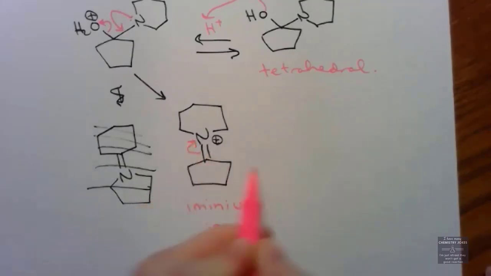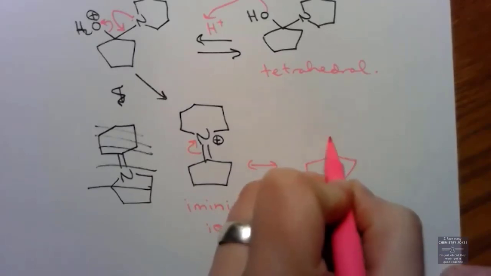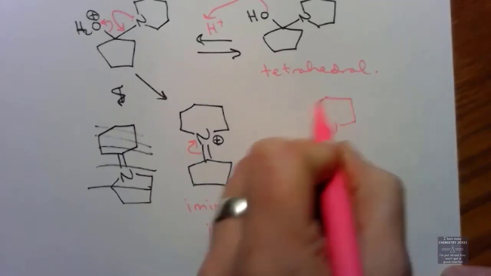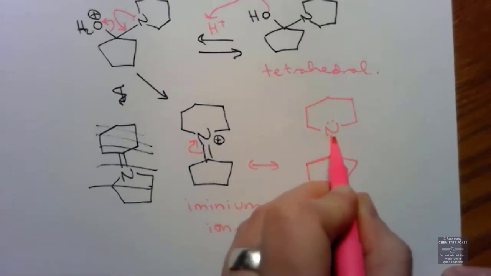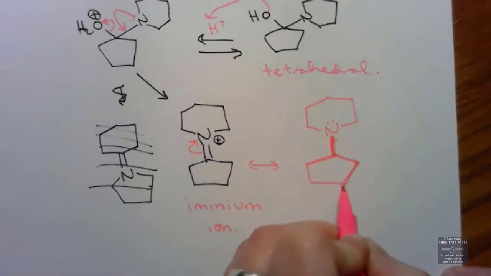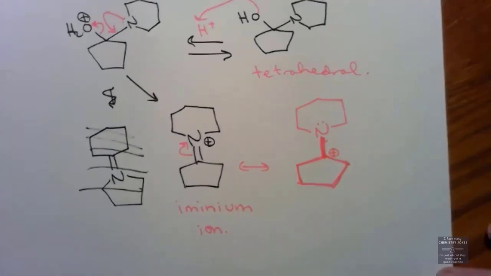So if I consider this resonance structure, where nitrogen got his lone pair back, that's a single bond, there's a positive down here. So this structure that's black is better than this structure that's pink. Why?